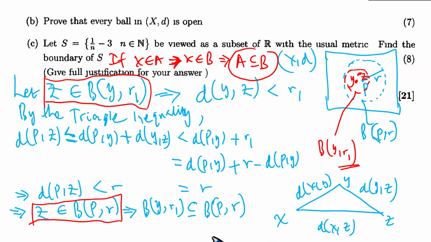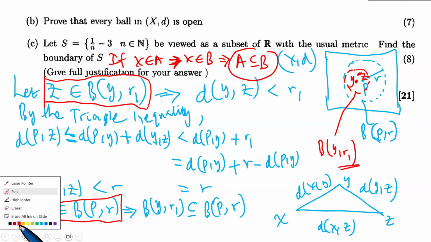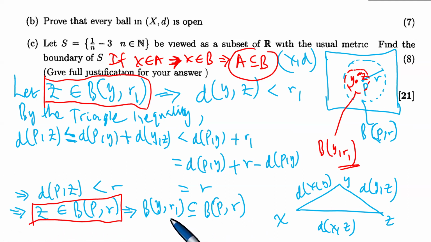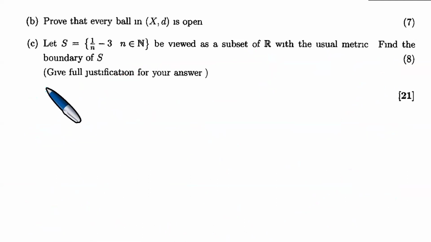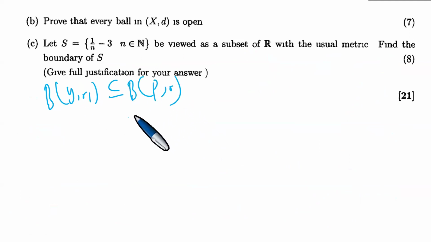Okay, now what is the meaning of this? This is very, very interesting. So we're saying BYR1 is a subset of BPR. Yeah, we got that.